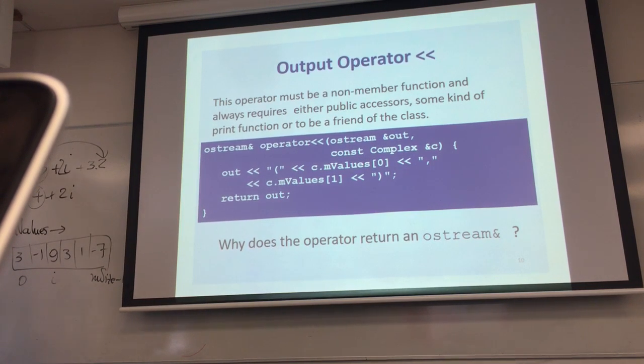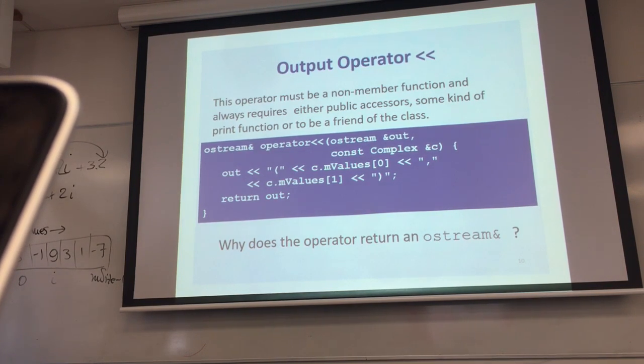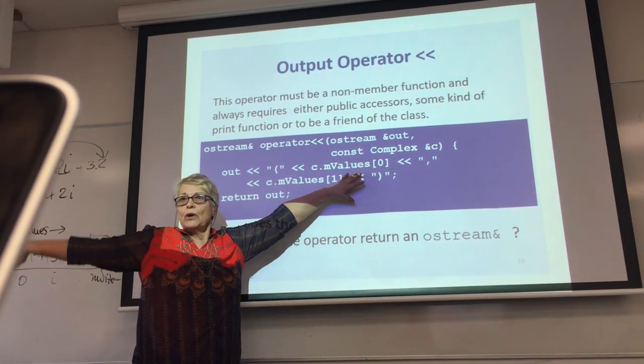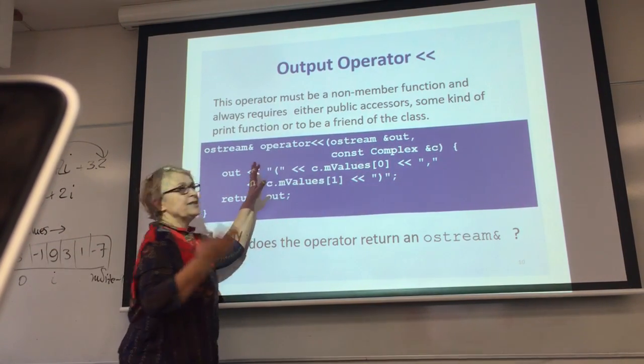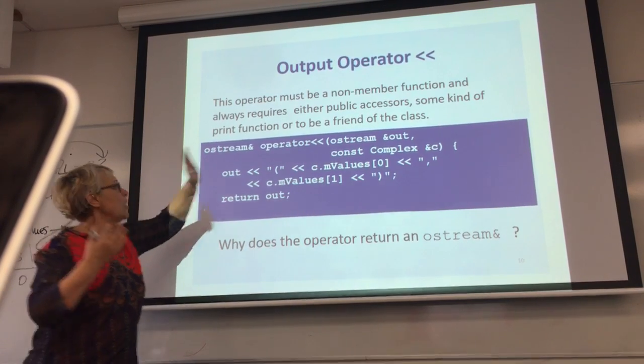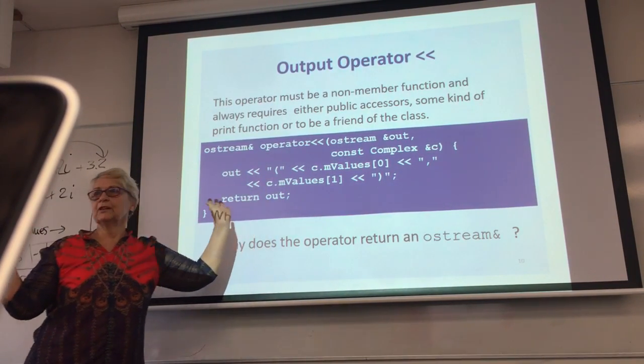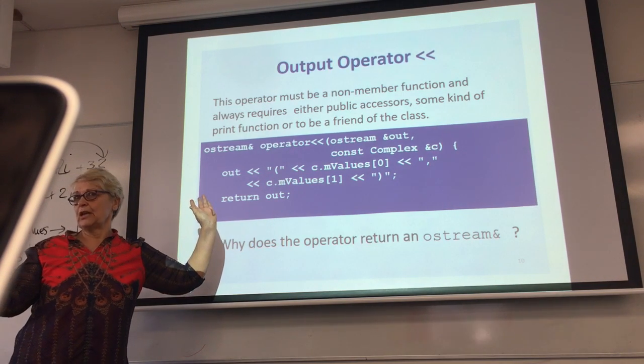So the first real value, m value 0, is displayed, comma, and then the second, m value 1, and close the bracket. This is it. For your student, first name, last name, whatever you want. With this, you can call the output operator with cout, you can call it with files. It works perfectly, same way.